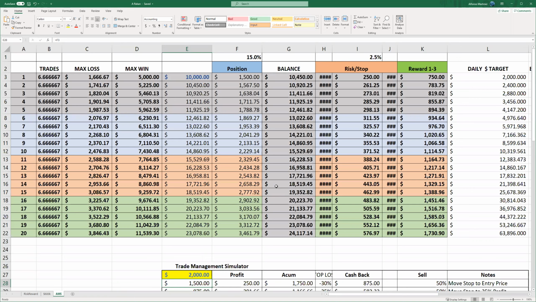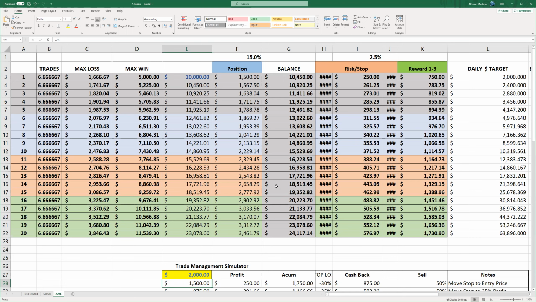Since it's not a trend day, you cannot just keep expecting the price to go higher or lower, depending on what you're taking. So if it's a chop day, you have to take your trades at 25, 50, 75, 100%. That is rule number one.